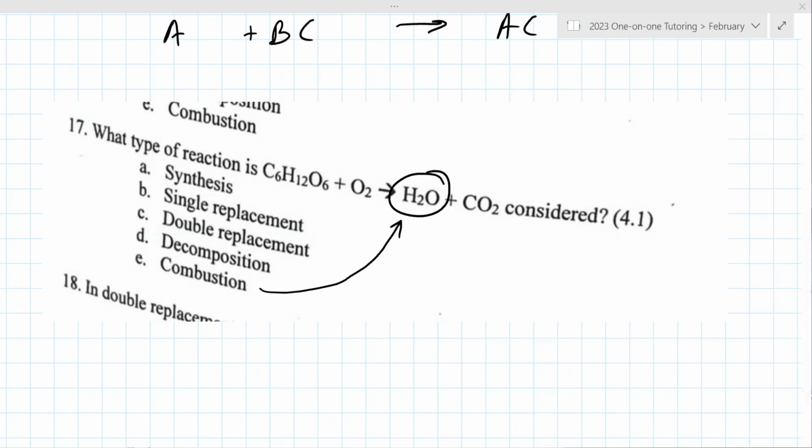Oh. So original answer I put C, double replacement. So they say it this way: fuel plus O2 yields CO2 plus H2O in a combustion reaction. Fuel plus O2, CO2 plus H2O, combustion reaction.